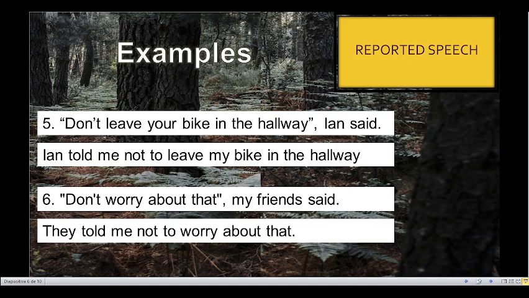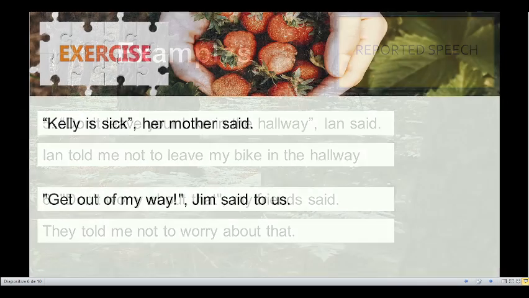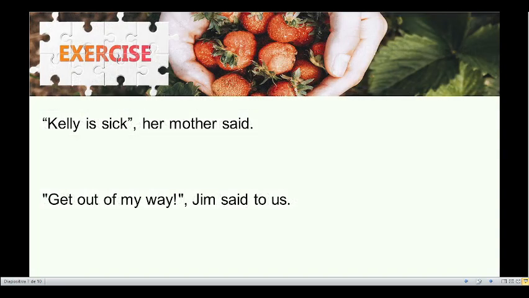Yes, excellent. Now let's finish with an exercise. Here we have 2 sentences. Let's change them to reported speech. The first one, Kelly is sick, her mother said. What would be its reported speech form? Okay, let's check the answer.